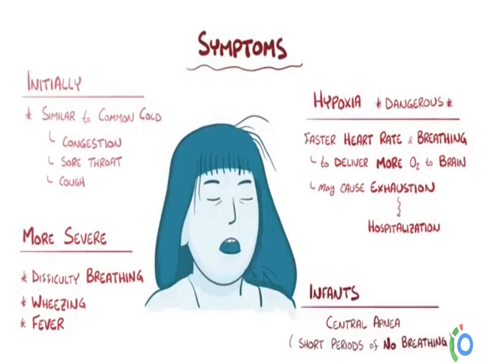When the virus progresses downward to the bronchioles, the fever continues, with difficulty breathing and a wheezy chest. Affection of the bronchioles and the functional part of the respiratory system, the respiratory acini, leads to hypoxemia.